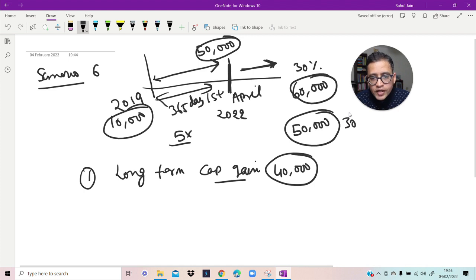Now the tax they will have to pay will be at a 20% rate. So that will be 8,000 rupees. So that is one view, that they need to pay long-term capital gains because they have held this crypto for more than 365 days.